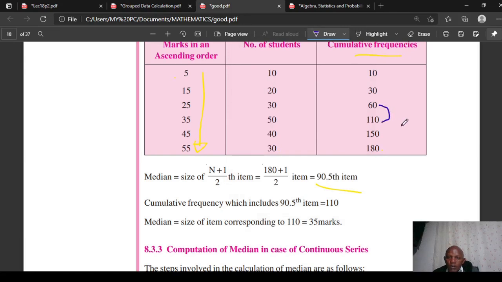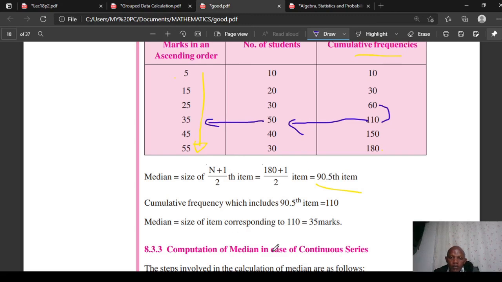Why are we saying so? Because this cumulative frequency is ranging between 60 to 110. So 90.5 is in between. And where does it fall? It falls in this cumulative frequency. And that cumulative frequency has a corresponding marks value of 35.